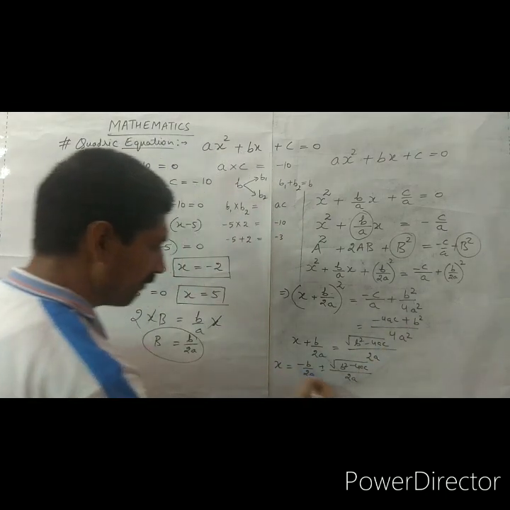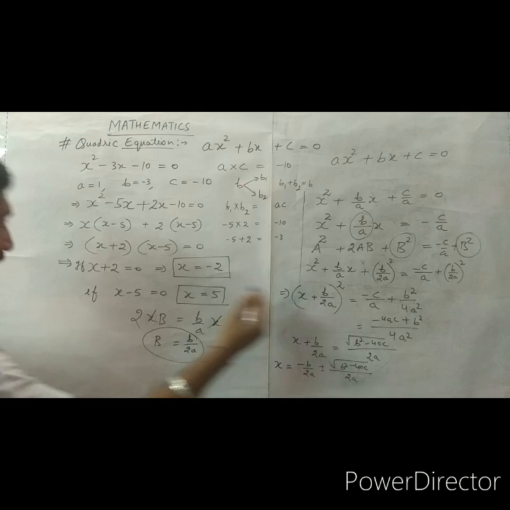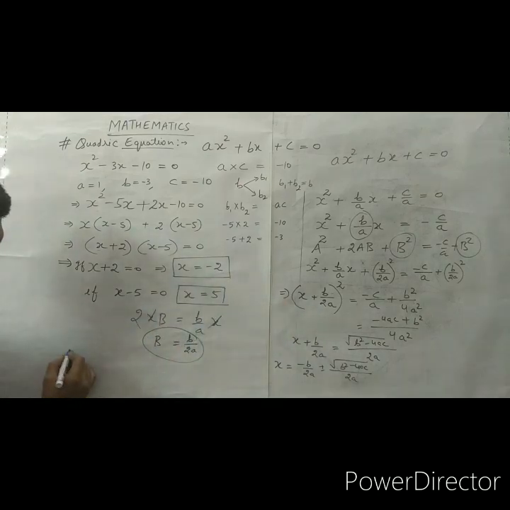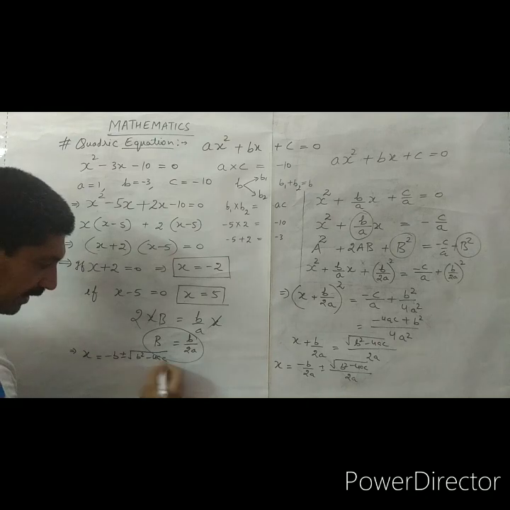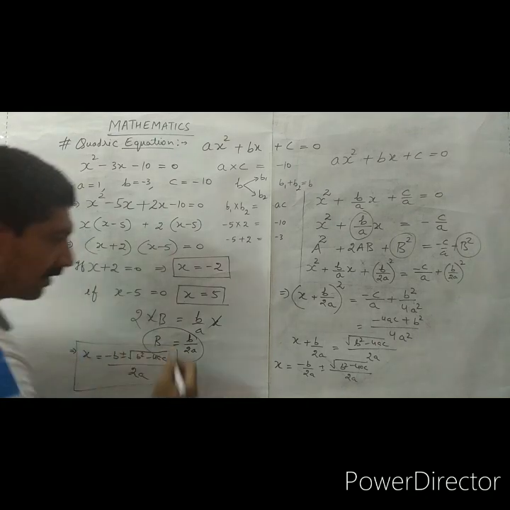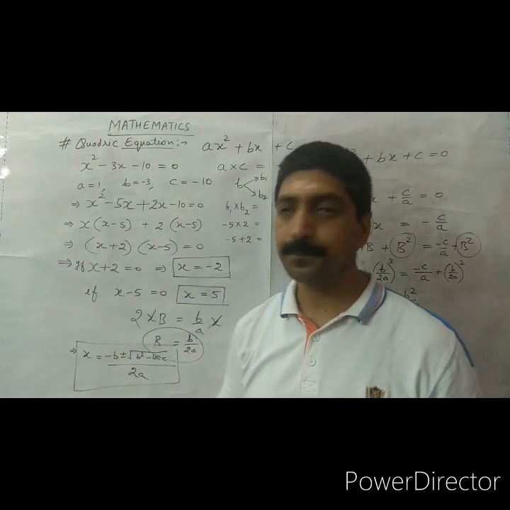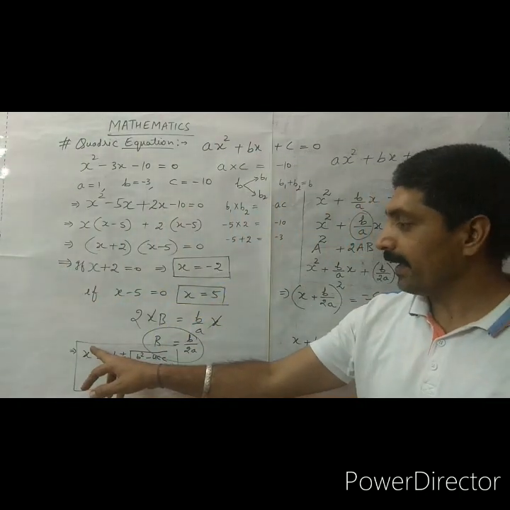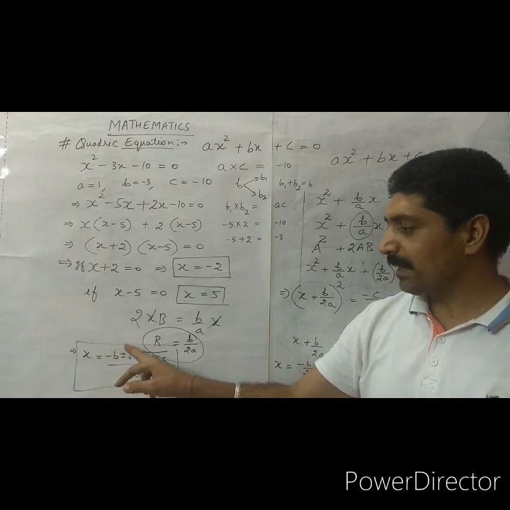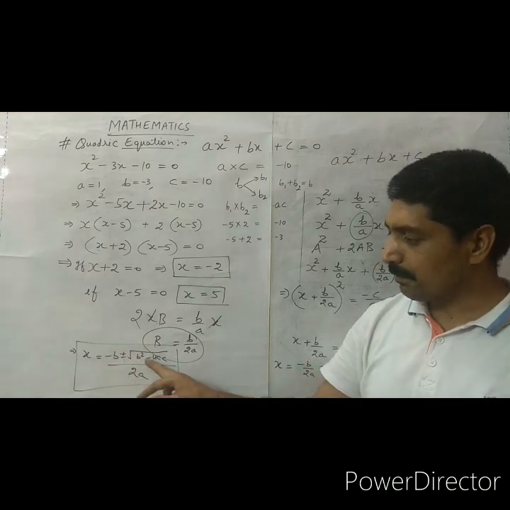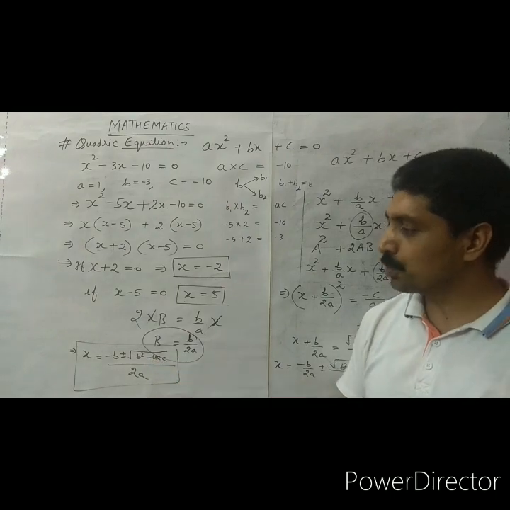So when we go for the LCM, we have x is equal to minus b plus minus under root b square minus 4ac upon 2a. This is also known as the quadratic formula.